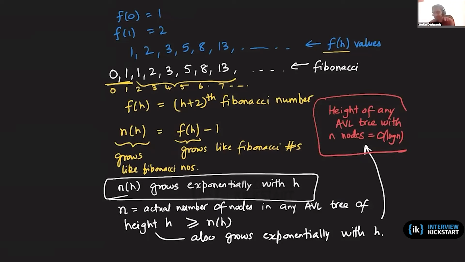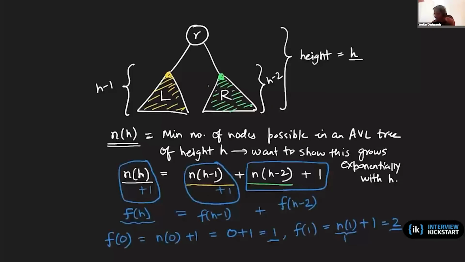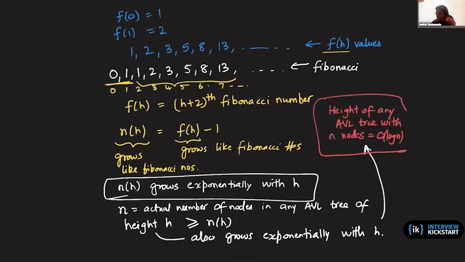But that is true for any exponential versus logarithm, because if we take 2 to the power 3, it is 8. Then if we take logarithm of 8 to the base 2, it is 3, right? So it's true for any exponential or logarithm, because they are inverse functions, as you said, but we still had to prove that n grows exponentially with h. We proved that n grows exponentially with h instead of proving that h grows logarithmically with n, because the two are equivalent.